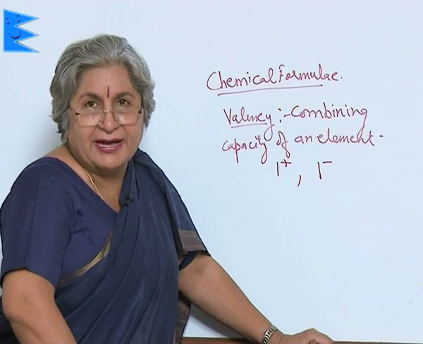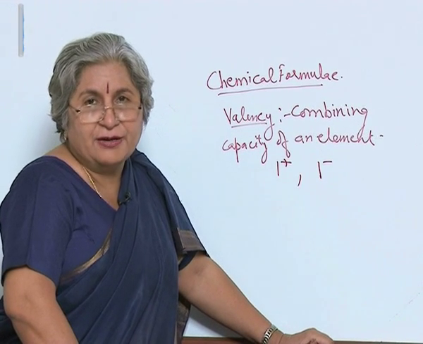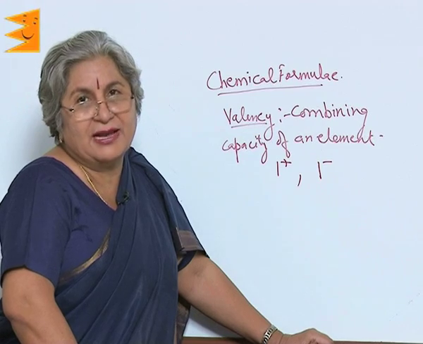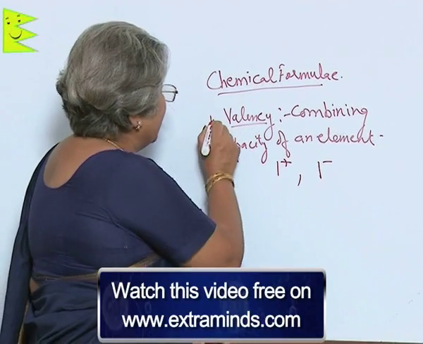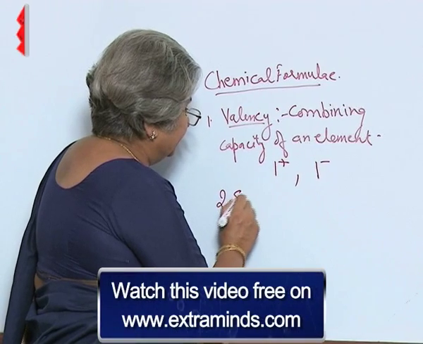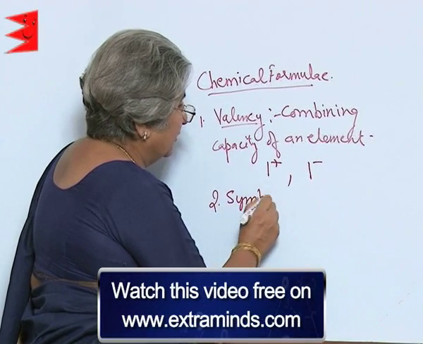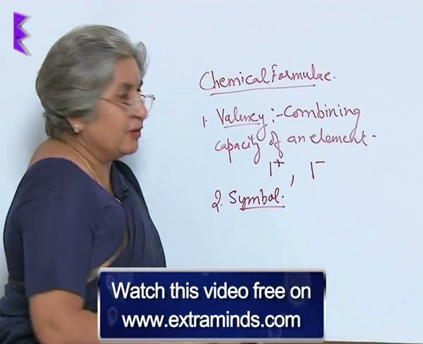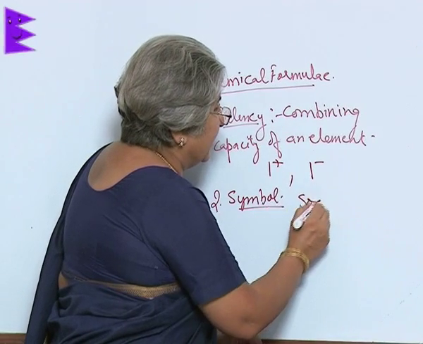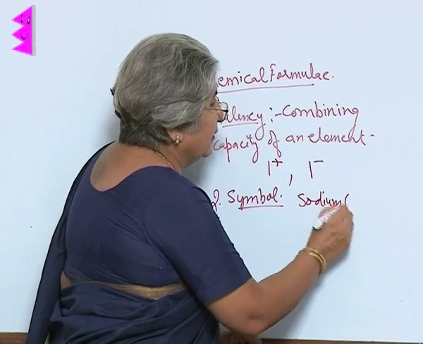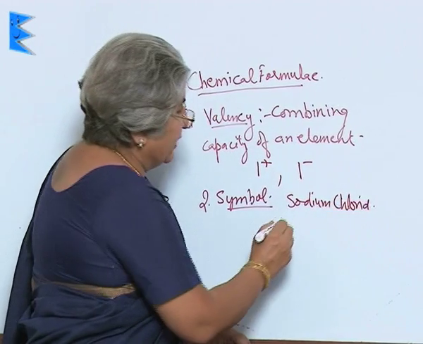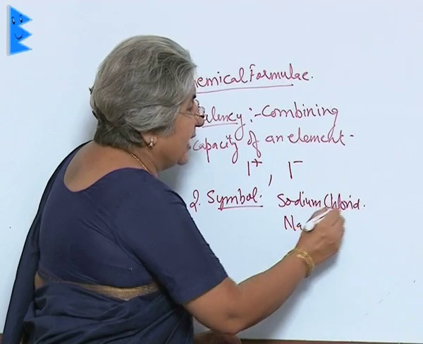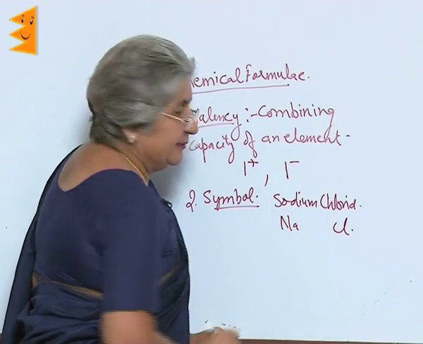So, if we want to write the formula of sodium chloride, we ought to know the valency of sodium and chlorine. The second thing that we need to know is the symbol. The symbol of sodium is Na, and chlorine is Cl.